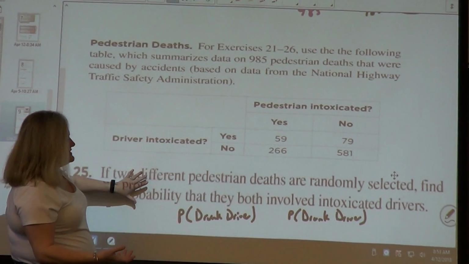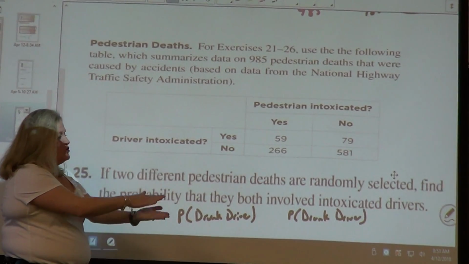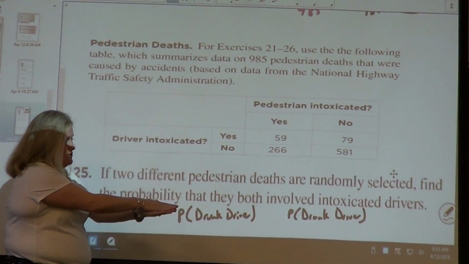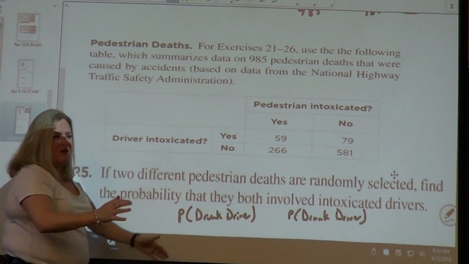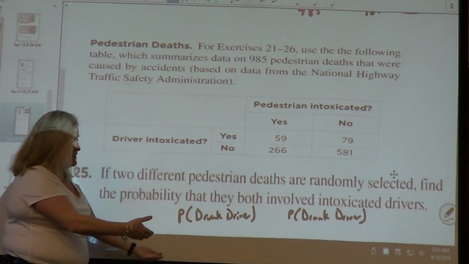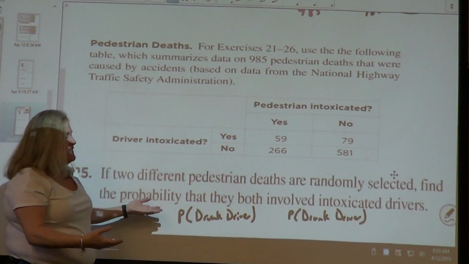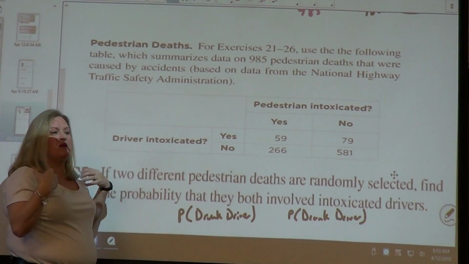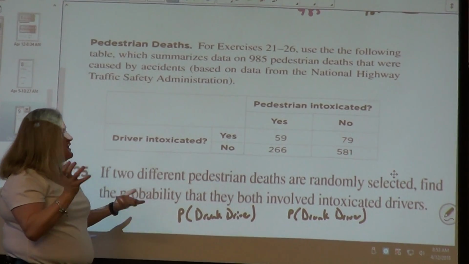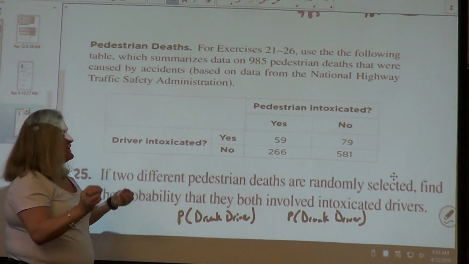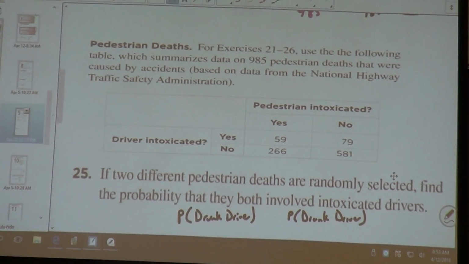So, this is saying if I pick 2 people in the street that got killed, what is the probability that they both got killed by people that were driving and drinking? Okay? So we are just looking at the people that got killed by drunk drivers.